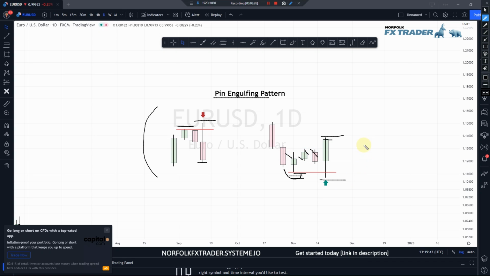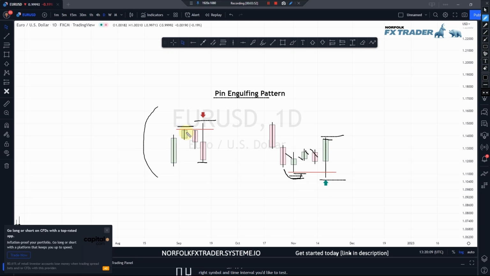Now, the more candles it engulfs, the more power you will find this candlestick pattern will have. You will see that later in this video when we go through the charts, how you can actually use this pattern and where you'll see this work in real time. But the idea of the pattern is we're seeing those stops being run. That's where they're going to run those stops and then make a powerful momentum move back in the opposite direction.